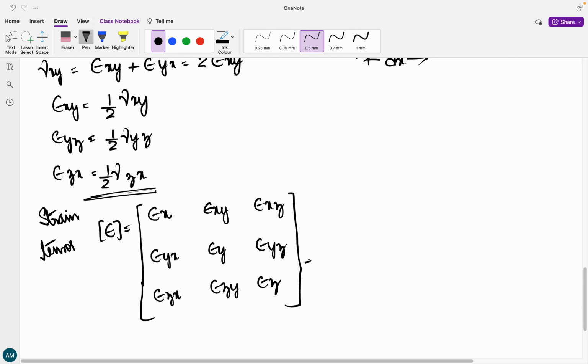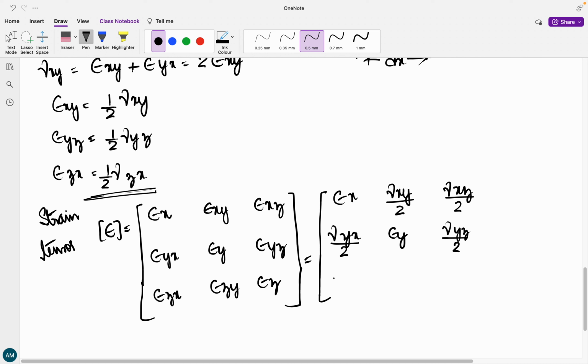So this can be rewritten as epsilon x, gamma xy by 2, gamma xz by 2, gamma yx by 2, epsilon y, gamma yz by 2, gamma zx by 2, gamma zy by 2, epsilon z.